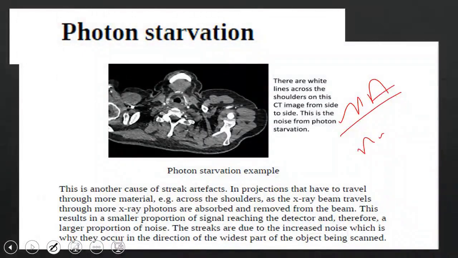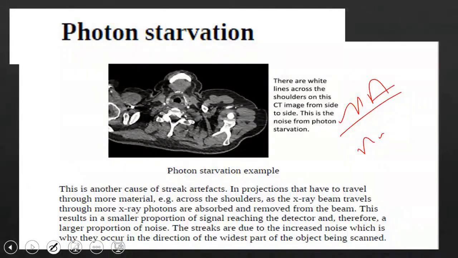However, it might encounter the shoulder area while it is working. The chest requires a low milliampere, the abdomen needs a little bit higher milliampere, and after that, the pelvis requires even higher milliampere.